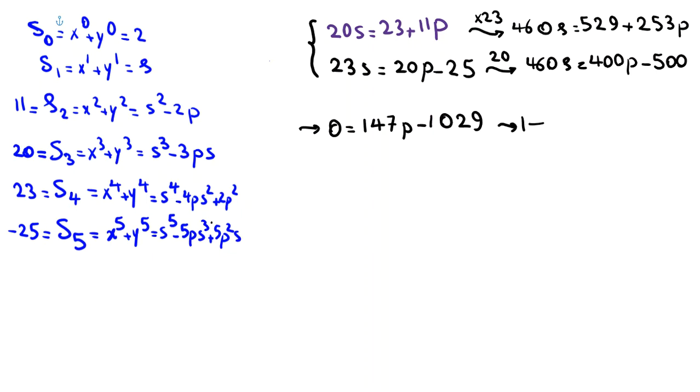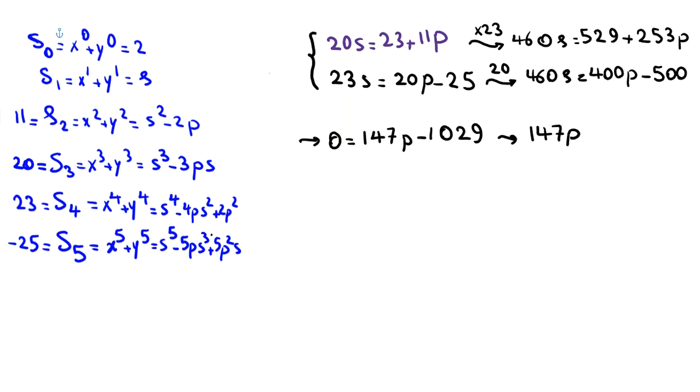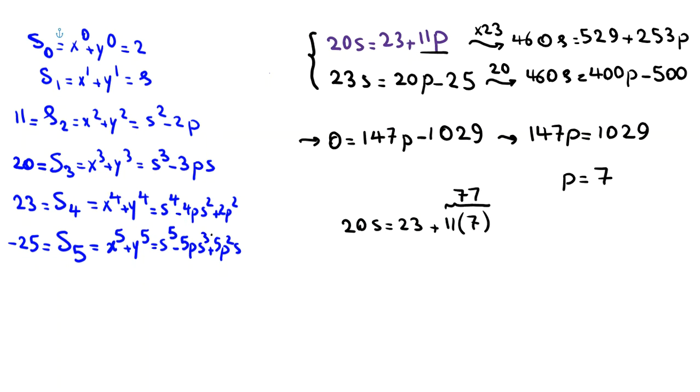So we conclude what? 147p equals 1029, and if we divide, p will be 7. And now, if we replace p with 7 in one of the equations, the first one, for example, 20s equals 23 plus 11p. p replaced with 7, 11 times 7 will be what? 77. 77 plus 23 will be 100. So s will be what? 5. So p is 7, s is 5.